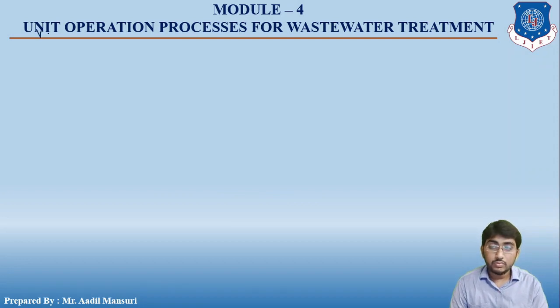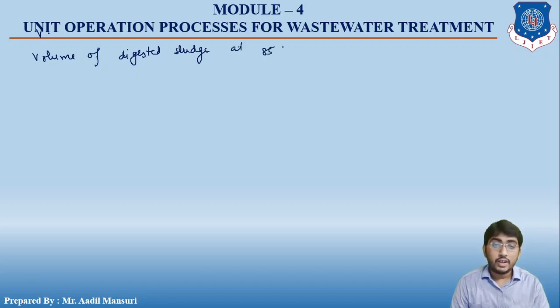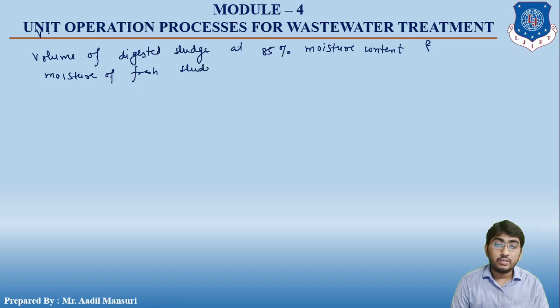So the volume of digested sludge at 85% moisture content, and moisture of fresh sludge equal to 95%.